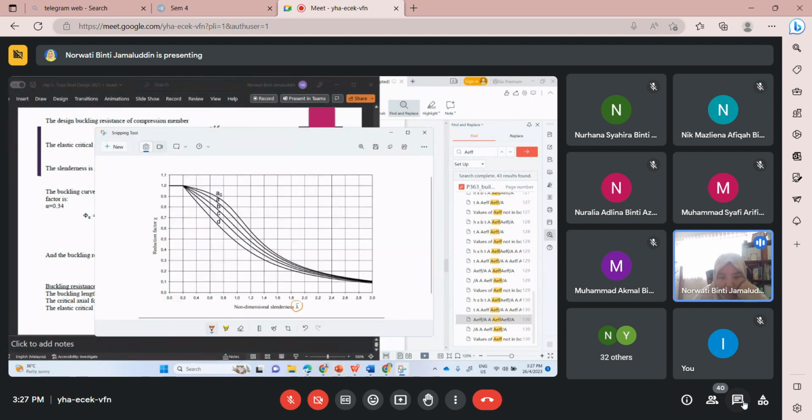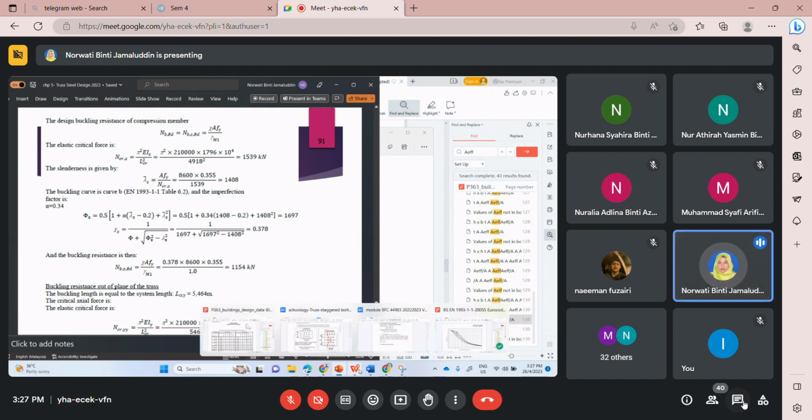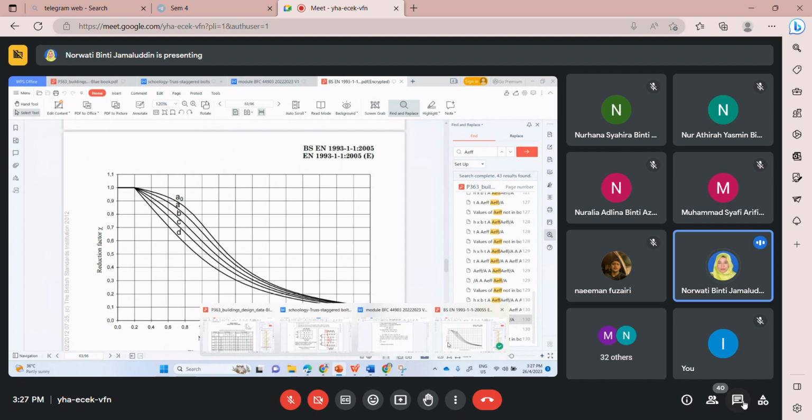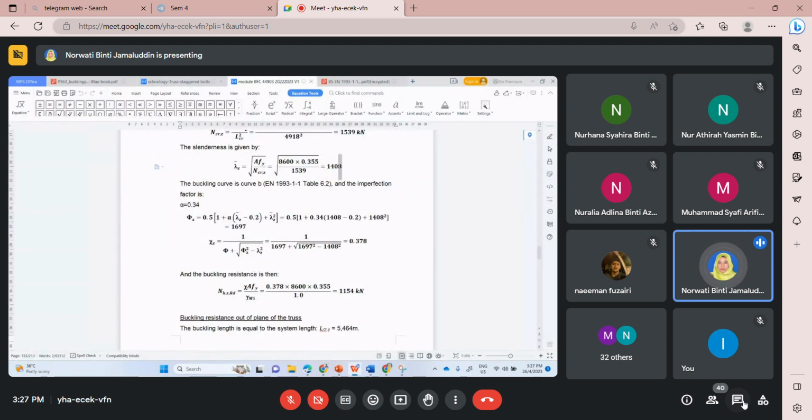Lambda bar, beribu-ribu ni. The power is not put here. Okay, I think in my module I have already put it. Okay, let's see what is the value of lambda bar here.